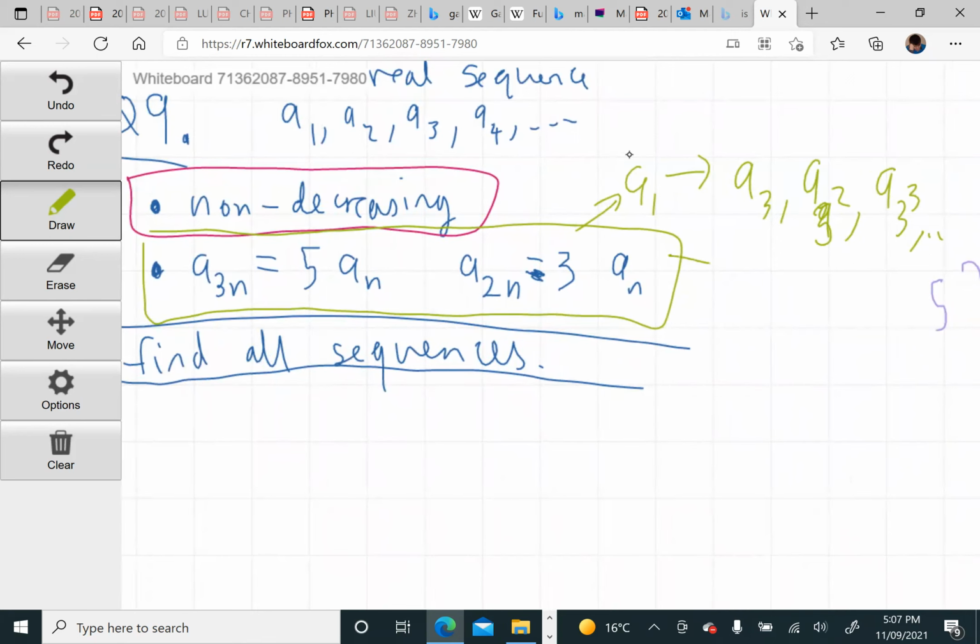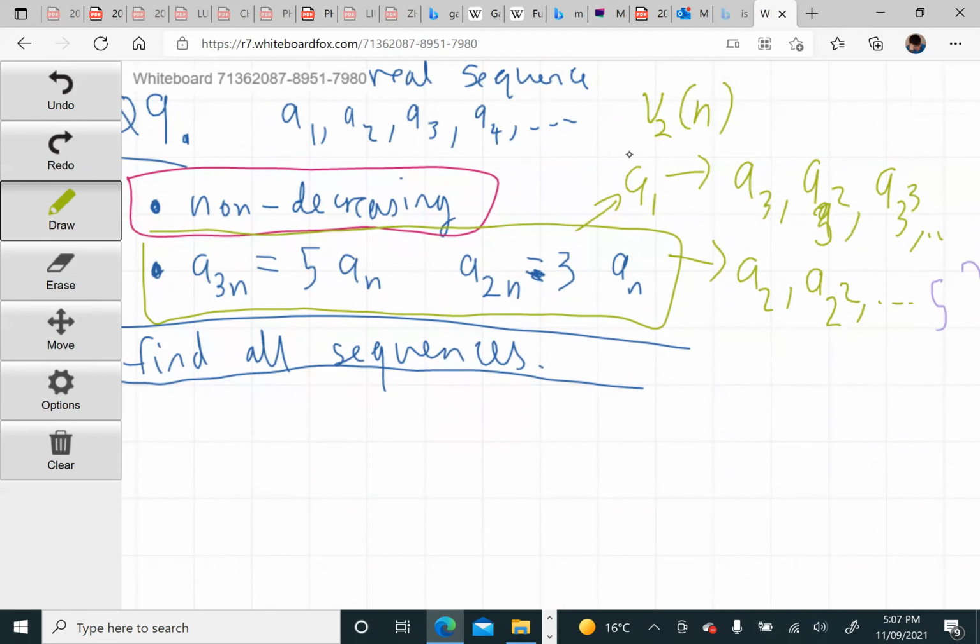Similarly, all the powers of 2 are determined. And actually, if you have any power of 2, let me introduce some notation. The power of 2 that lies inside of n is called the nu 2 of n.